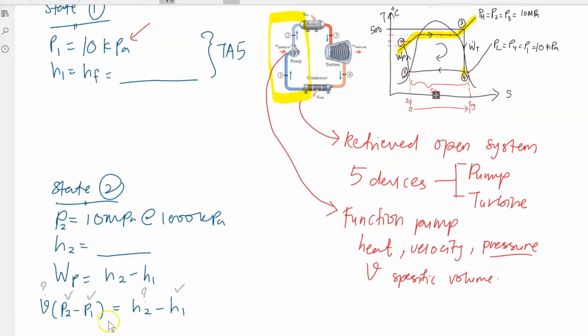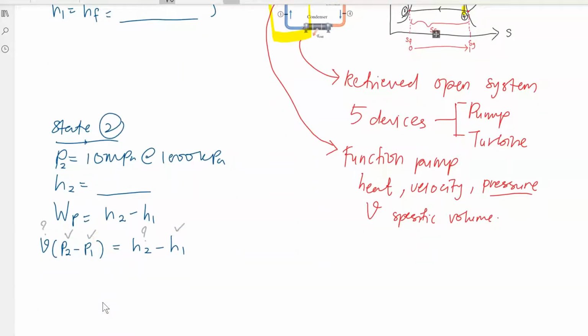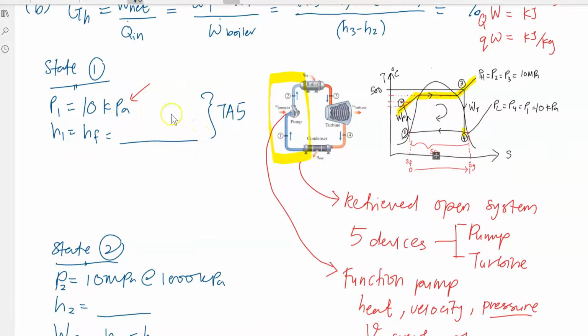So we are going to make use of V1, because the information that we have for V1 is much easier, right? Remember, in order for you to read your property table, you will need two known values. So in this case, you already know that your pressure is 10 kilopascal, and even though you don't have directly the value of your enthalpy, you do know that it can be read from hf.